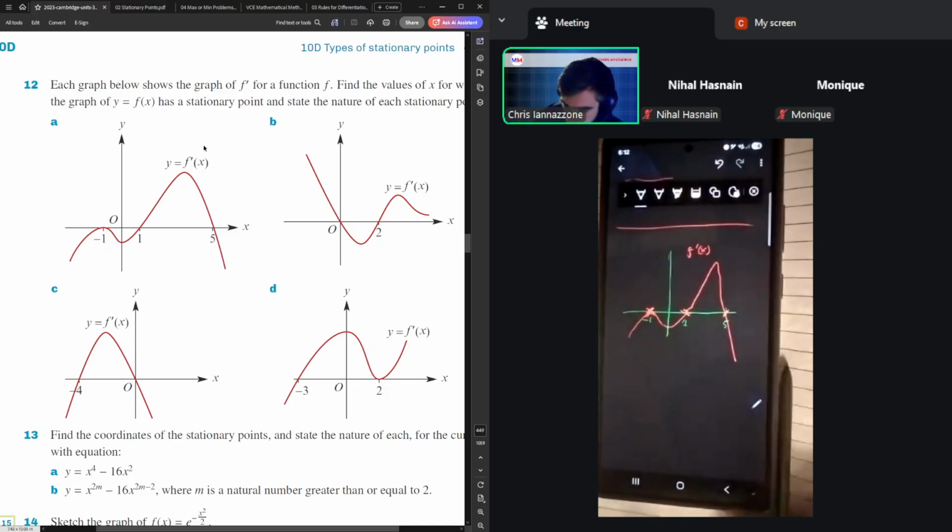How should we go from here? Figure out what type of stationary point they are.